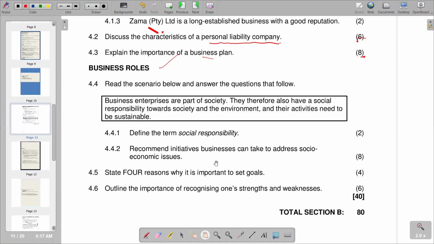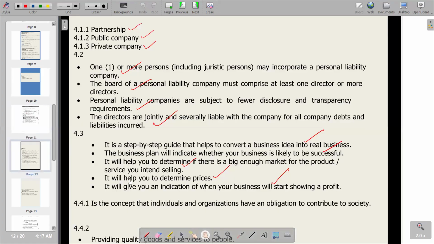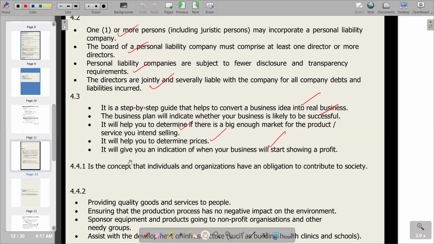So the emphasis on the well-being of society is very important under social responsibility. Bringing it down briefly, we can just describe social responsibility as the concept that individuals and organizations have an obligation to contribute to society. So this is just a brief description of social responsibility that we have.